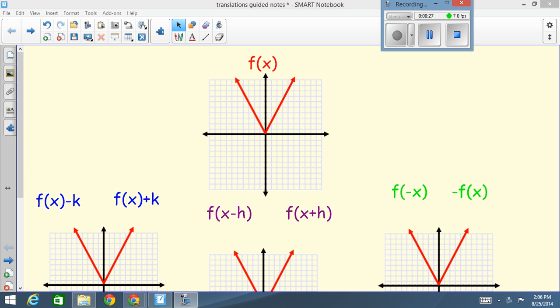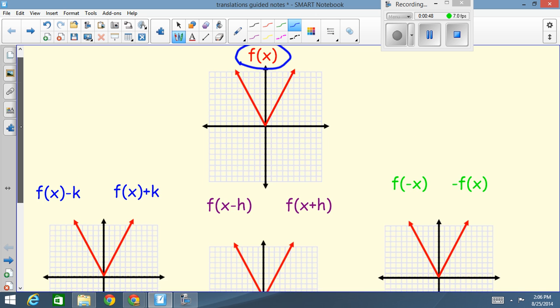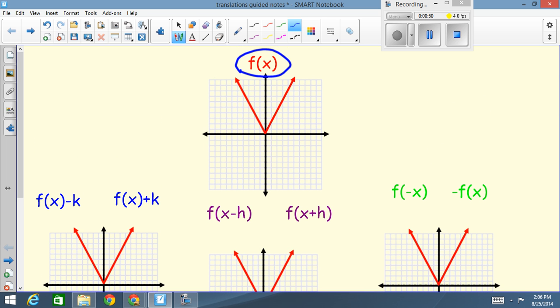So here on the top middle of this slide, you see a basic function. And this function has an actual equation for it, but we're not too concerned with the equation right now. We're just going to call it f of x. Okay? That's our basic function. It looks like that. And you'll see with the next 3 slides, I have copied and pasted that function into those 3 slides.